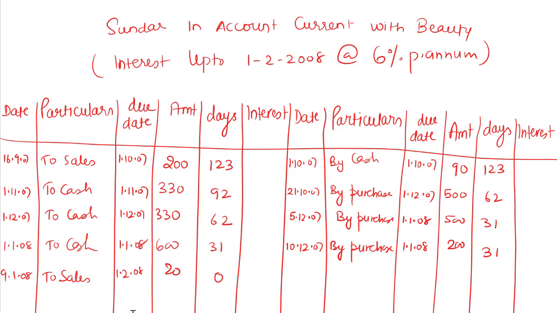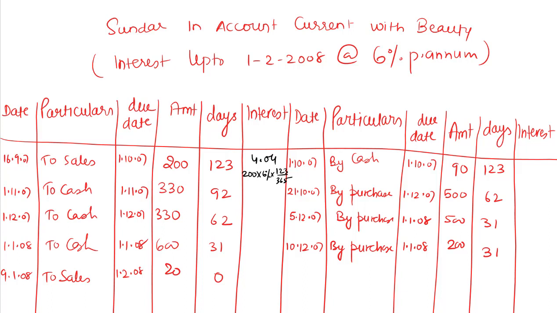Now we'll do the interest calculation. Over here, 200 multiplied by 6%, which is given in the question, for 123 days. So 123 divided by 365. This is 4.04.